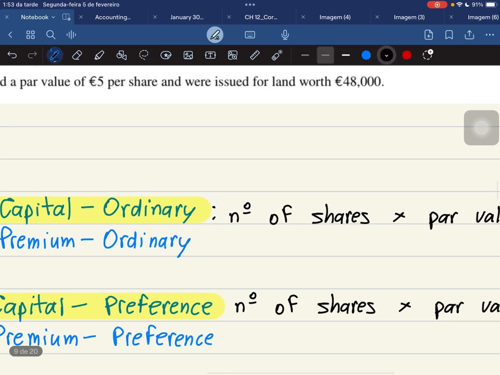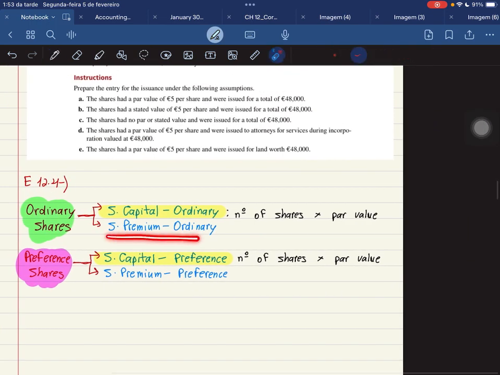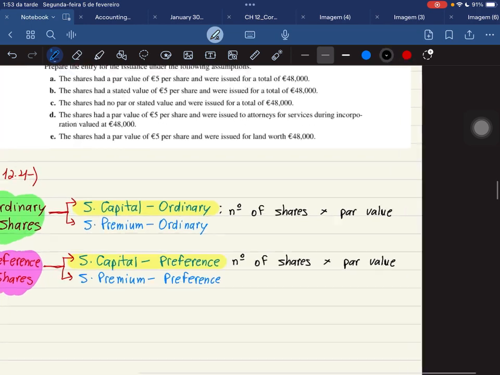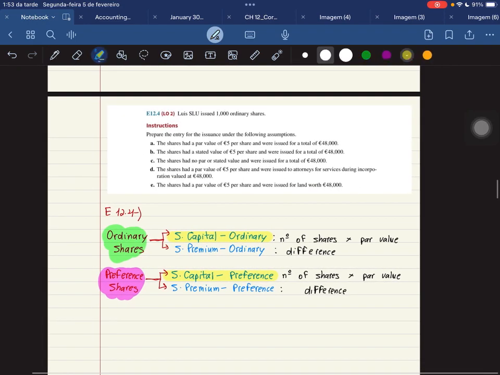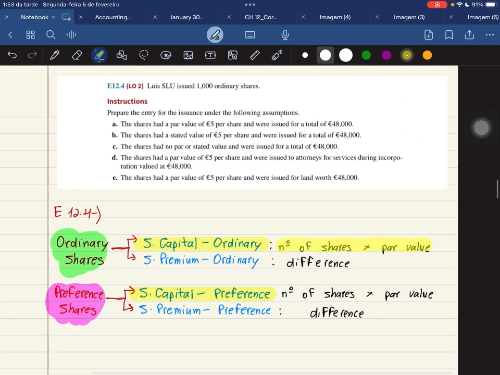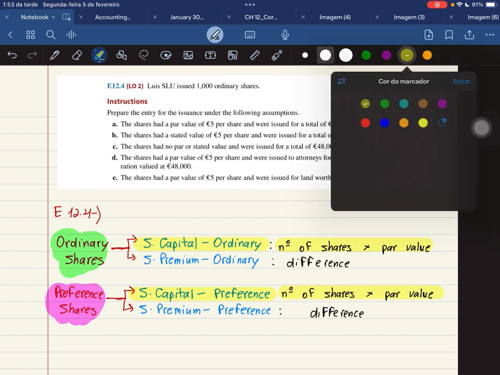And for these over here, they are always going to be the difference. Okay, so I'm going to use some colors here to make it easier for you to visualize it.